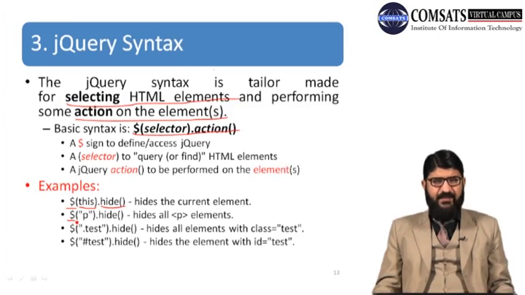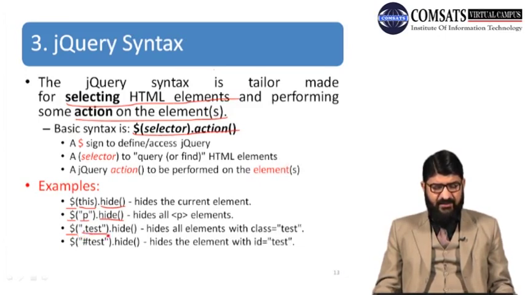The next one is the $ sign, again accessing jQuery, and then the HTML tag P is used, and this P is called for the action hide, which is basically hiding the paragraph elements. Again, the next one is the $ sign, which is defining jQuery.